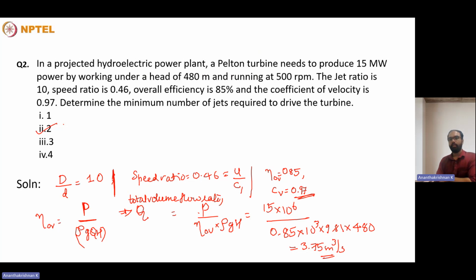We need to determine the peripheral blade velocity from this actual velocity term. And using the peripheral velocity and the RPM, we can determine the diameter of the wheel. Using the diameter of the wheel, we can calculate the jet diameter. And using this jet diameter and the jet velocity, we can calculate the discharge or the flow rate associated with the jet. And using these two flow rates, the actual flow rate and the jet flow rate, we can calculate the number of jets required to produce the power.